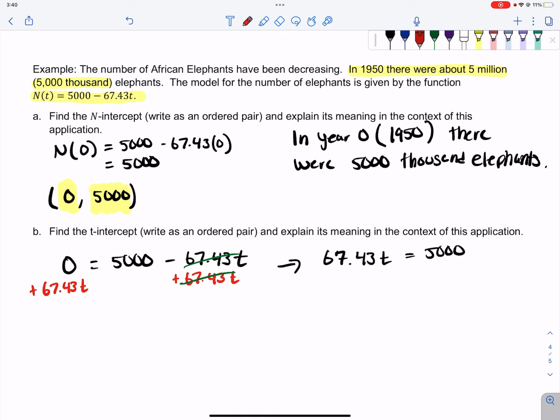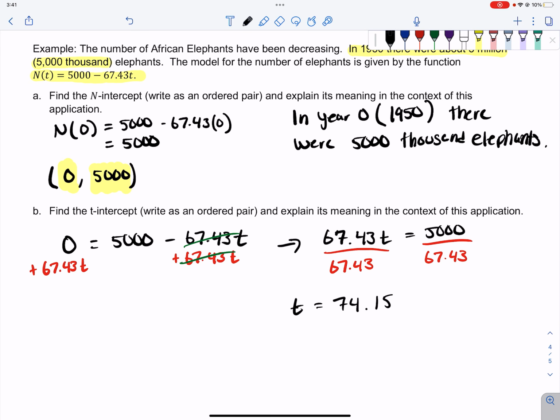Now we can divide both sides of our equation by 67.43. This gives us t = 5,000 divided by 67.43, which is approximately 74.15. So our ordered pair is (74.15, 0).